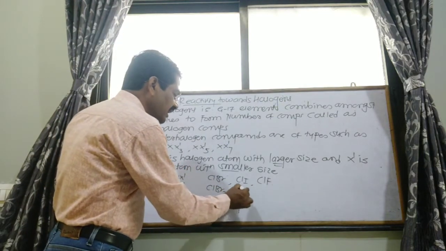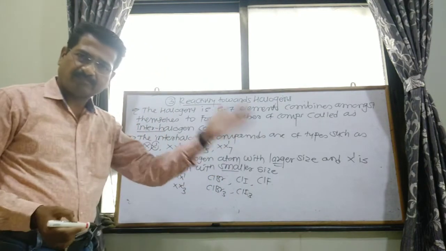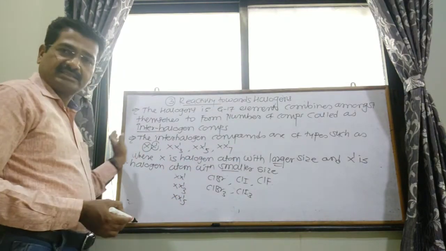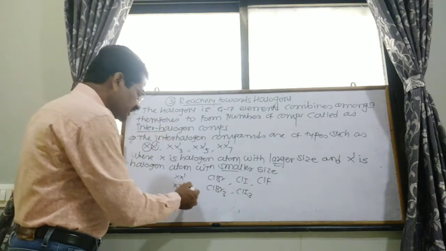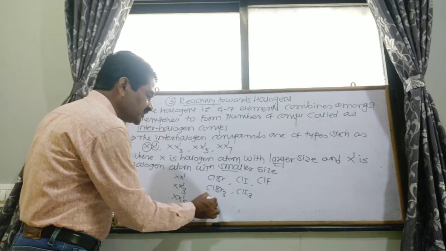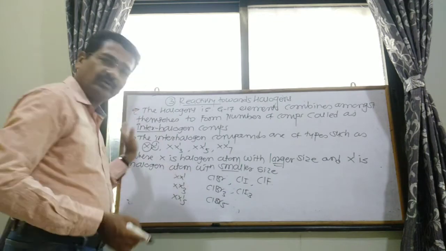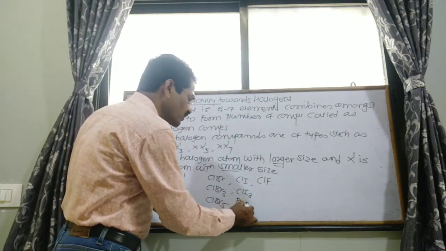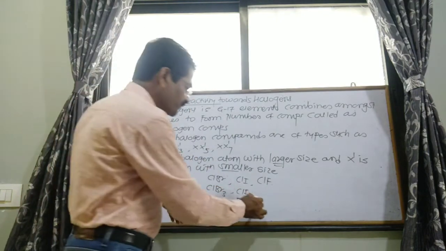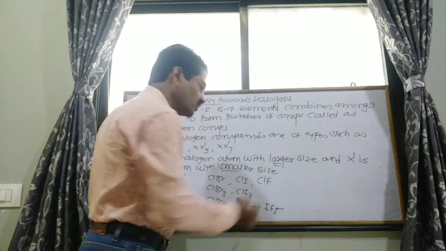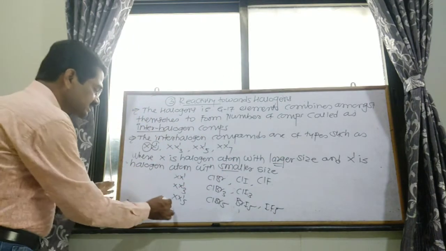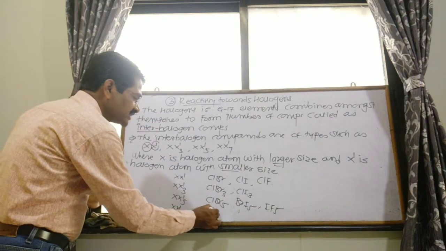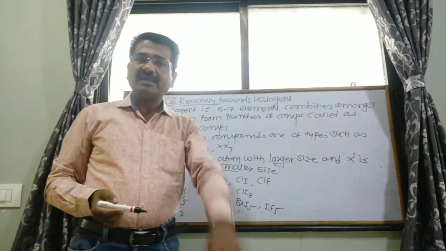Otherwise ClI3. Then XX'5, suppose ClBr5 or BrI5, IF5, etc. And last, XX'7 indicates IF7, 1 iodine and 7 fluorine.